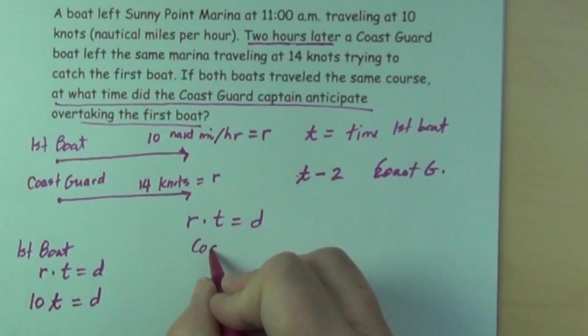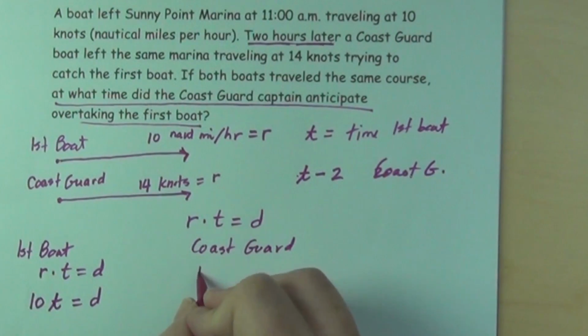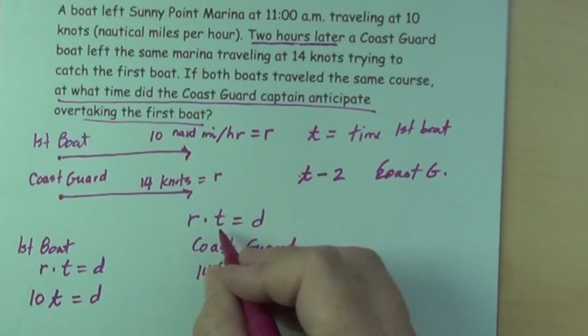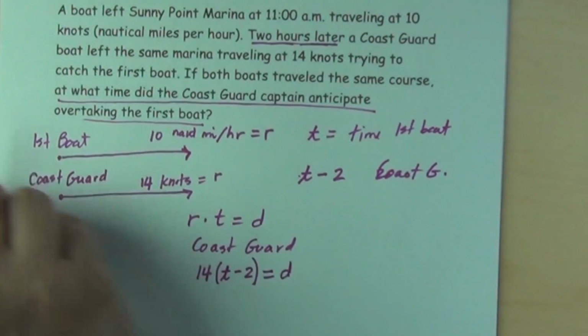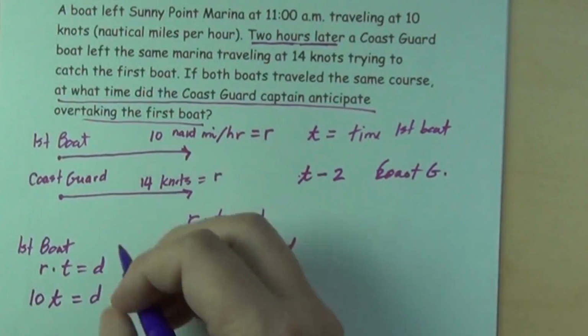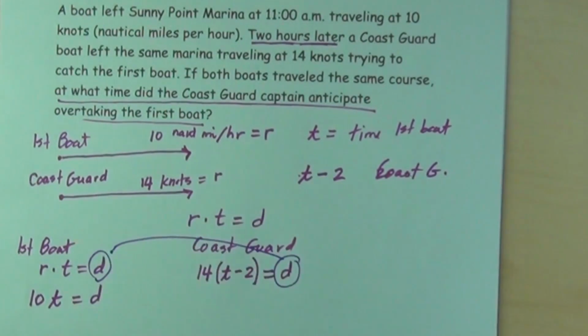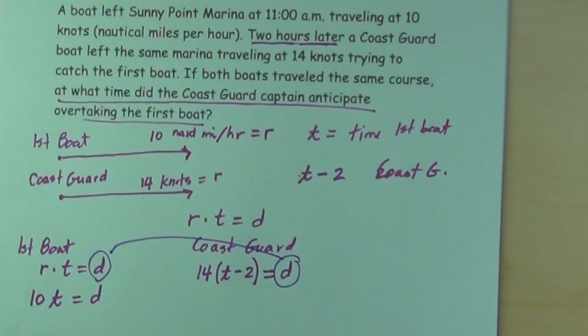The Coast Guard is going to leave at 14 knots, traveling t minus 2, and that has to be in parentheses. That's the rate times time for the Coast Guard, and that will be distance. And we just mentioned a second ago that when the Coast Guard catches up with the first boat, the distances will be the same. So we can use that fact to make these equal to each other.